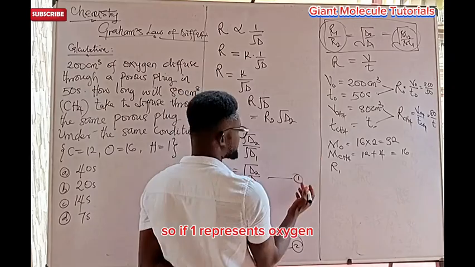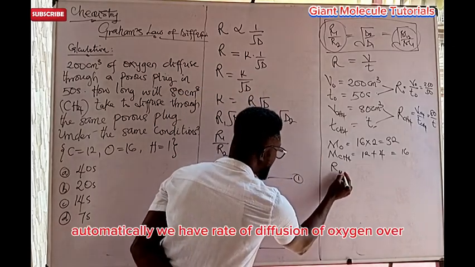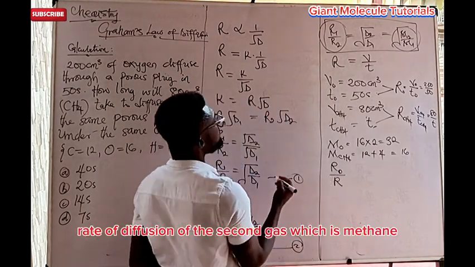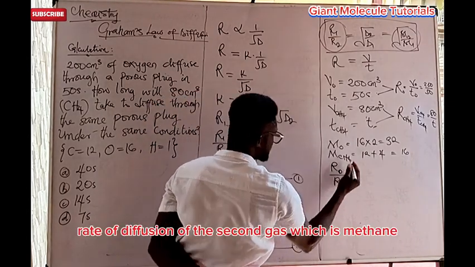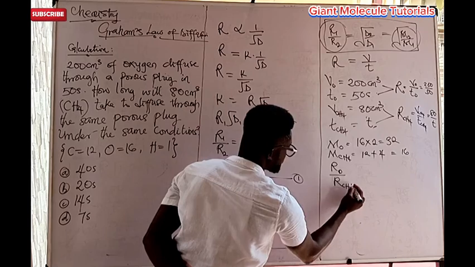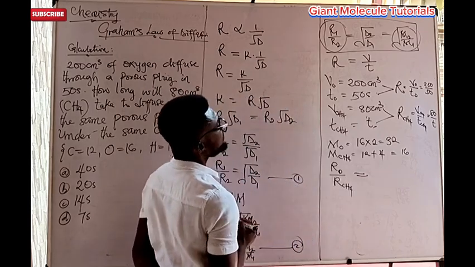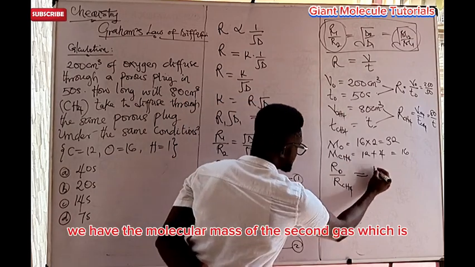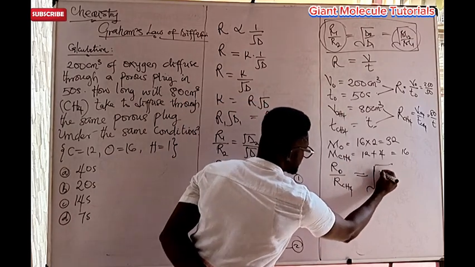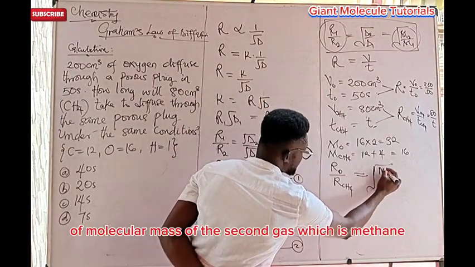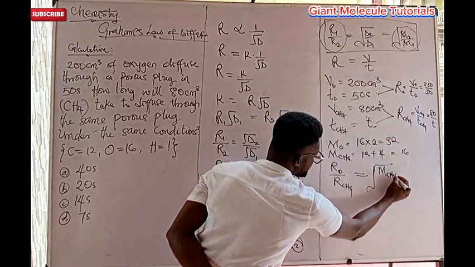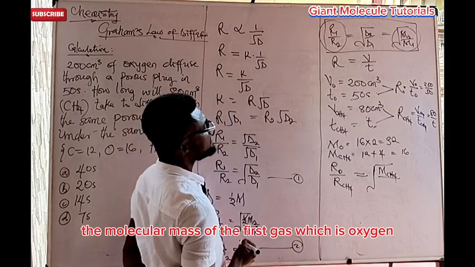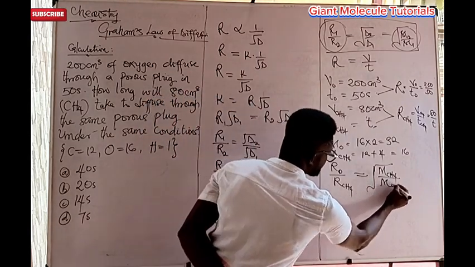If 1 represents oxygen, then we have the rate of diffusion of oxygen over the rate of diffusion of the second gas, which is methane, which will be equal to the square root of the molecular mass of the second gas, which is methane, all over the molecular mass of the first gas, which is oxygen.